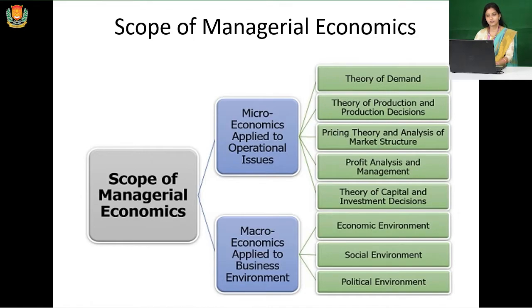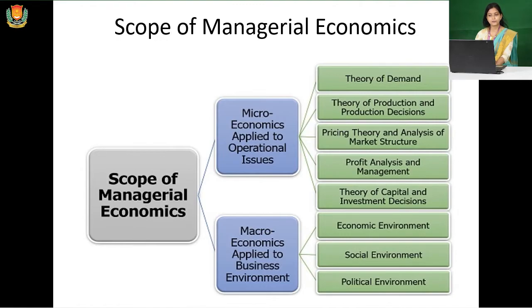First one is theory of demand. Theory of demand includes the law of demand. What does the law of demand say? The law of demand says that in case of normal goods, when the price of any commodity rises, the quantity demanded of that commodity will decrease. If the price rises in the market, then the demand for such a commodity will decrease, and vice versa.